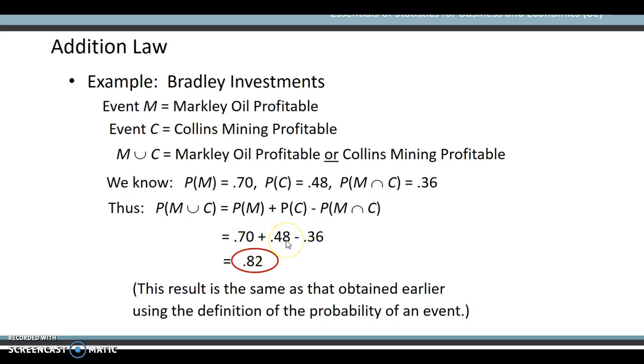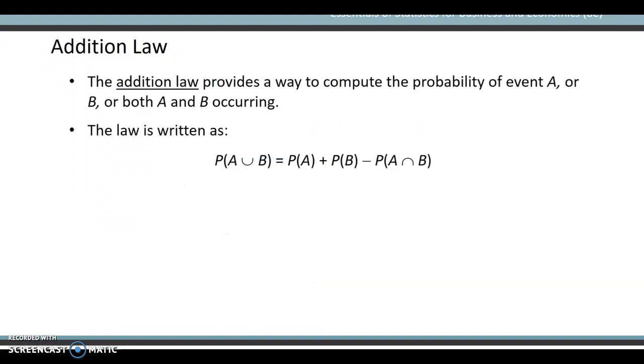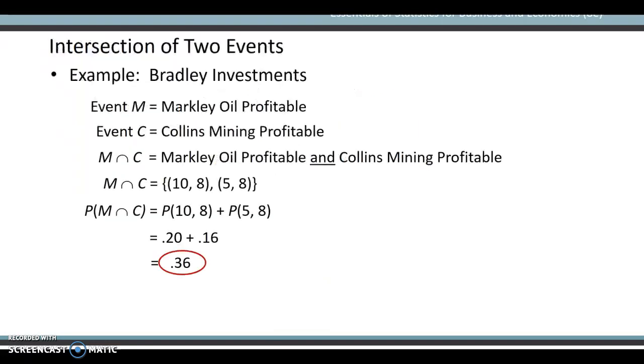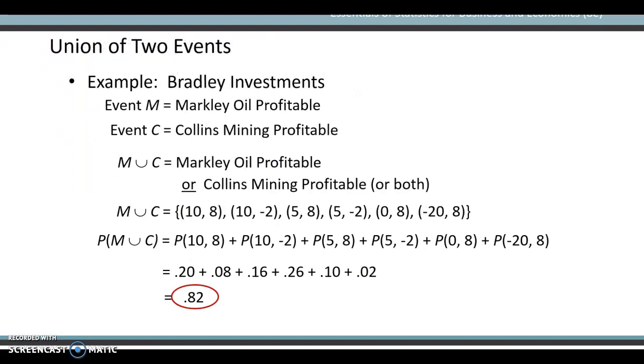You can never have a probability greater than 1. So we know something else has to be done, and in that case, we have to subtract out the probability that both Markley and Collins are profitable, and that leaves us with a 0.82 probability, and that is the same as that obtained earlier using the definition of the probability of an event. So we could go back here and see that we got the same answer.